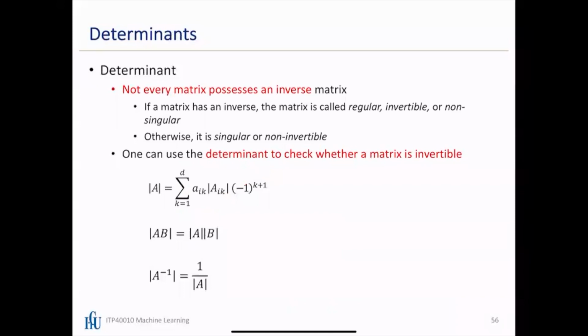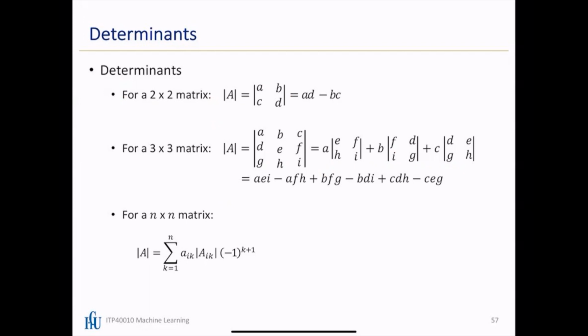Based on the value of the determinant, we can say whether a matrix has an inverse or not. In order to have an inverse, you need the determinant value to be non-zero. We limited our discussion to 2 by 2 matrices only, but you can also come up with 3 by 3 matrices.